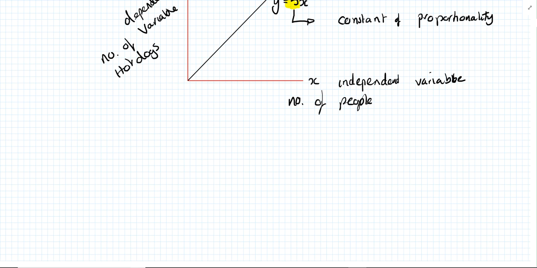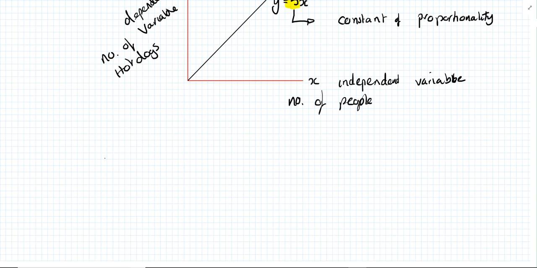I love math. So I'm going to go through an example. So we have a constant of proportionality. We have the amount that links the two numbers. So we know that the number of hot dogs is always 5 times the number of people.